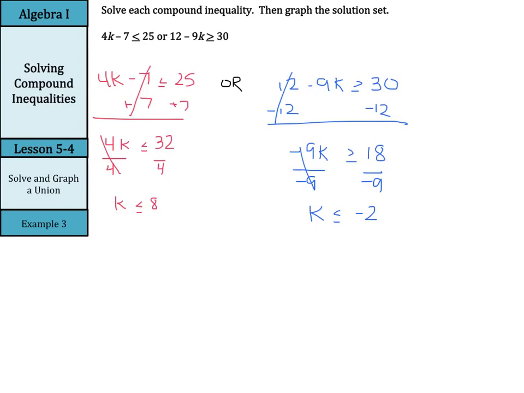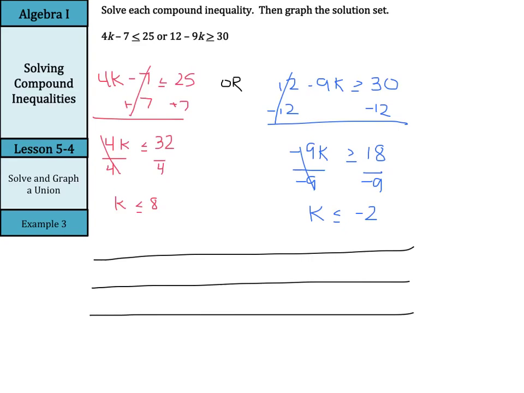Well, let's go ahead and graph these real quick. I'm going to draw ourselves 3 number lines. And we're going to stretch these from negative 3, negative 2, negative 1, and then 0, 1, 2, 3, 4, 5, 6, 7, 8, 9.